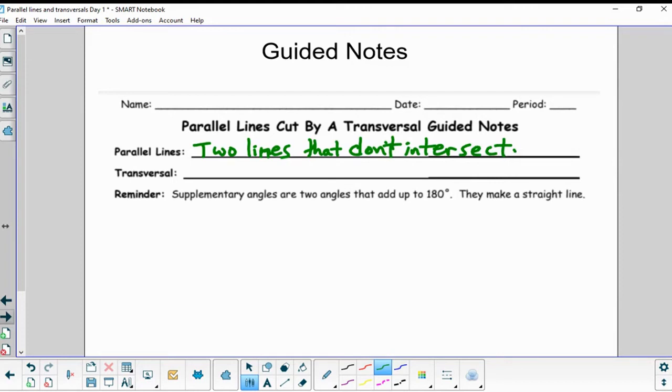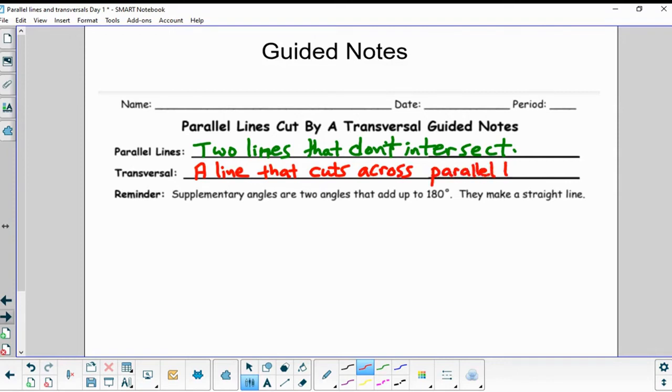All right. Meanwhile, a transversal is any straight line that cuts across 2 parallel lines and creates a set of angles that we can use to describe and understand some relationships between the angles.